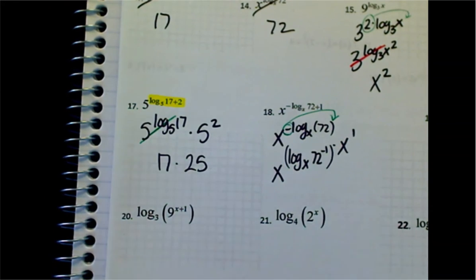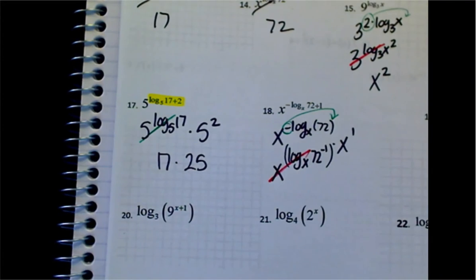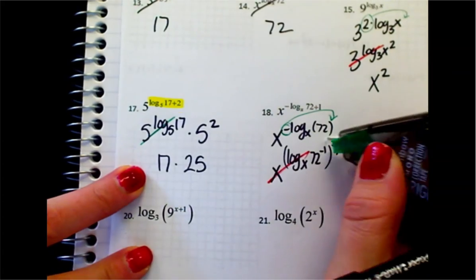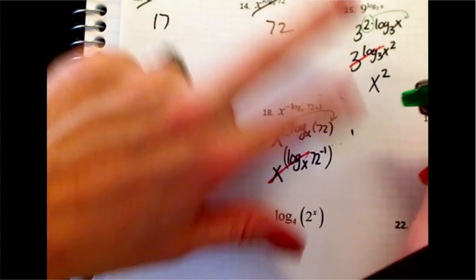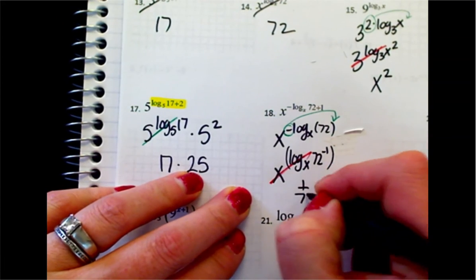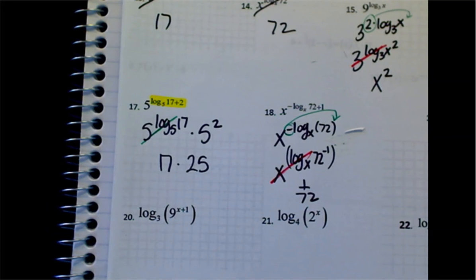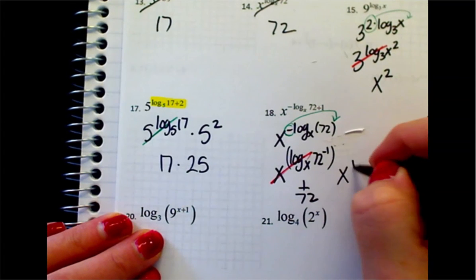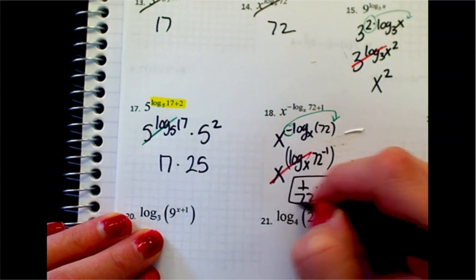And now it's an inverse property. Okay, so this ends up being 1 over 72 because a negative 1 power is a reciprocal. And this was just x to the first.